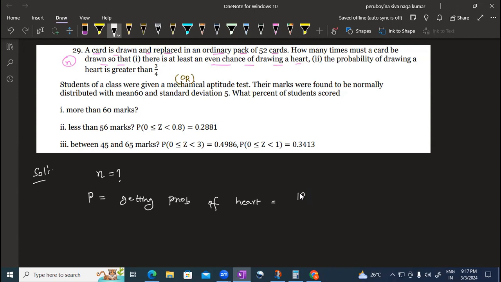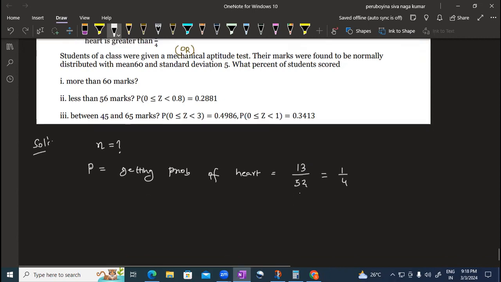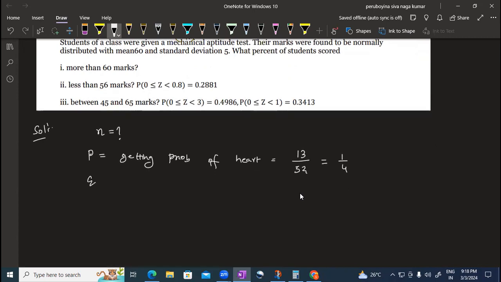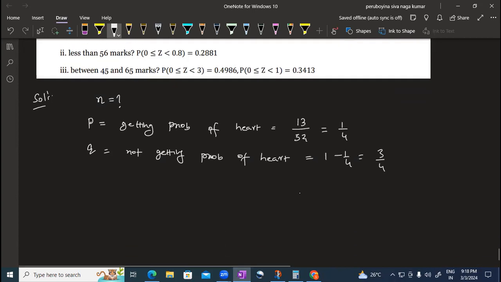So how many heart cards exist? 13 cards out of 52. So 1 by 4. Automatically, Q value is not getting a heart card, or other than a heart card. Probability of not getting heart card is equal to 1 minus 1 by 4, which is 3 by 4.